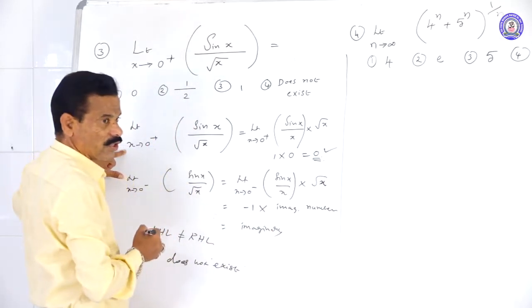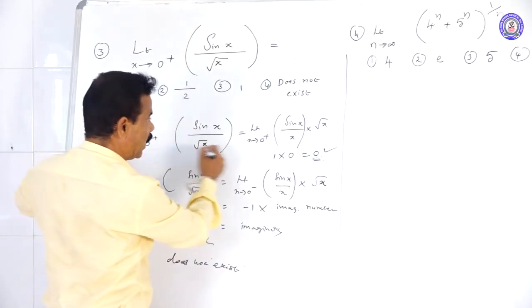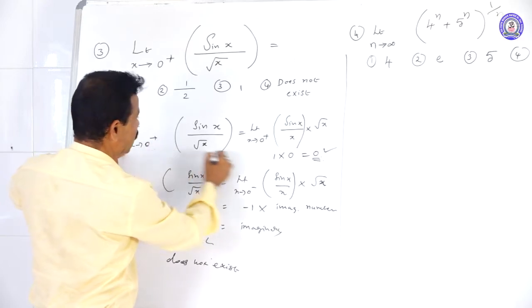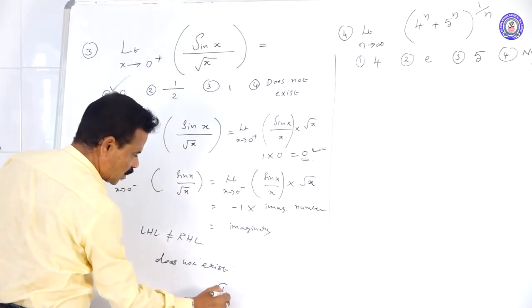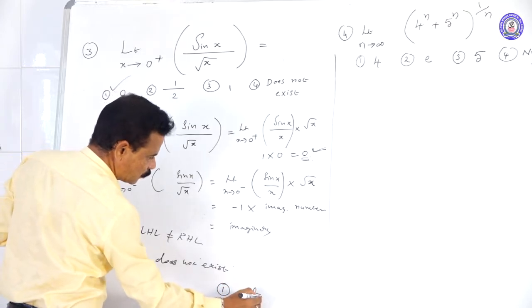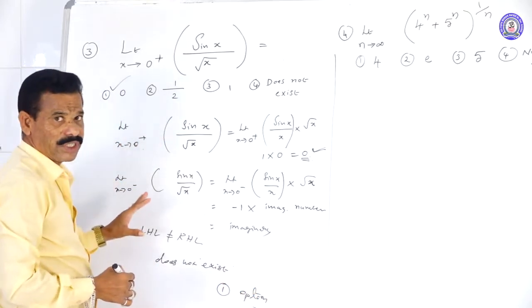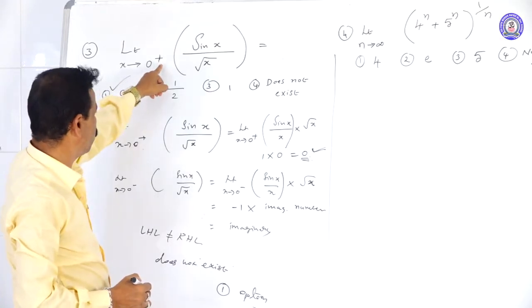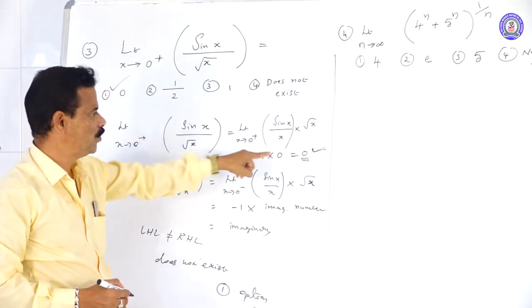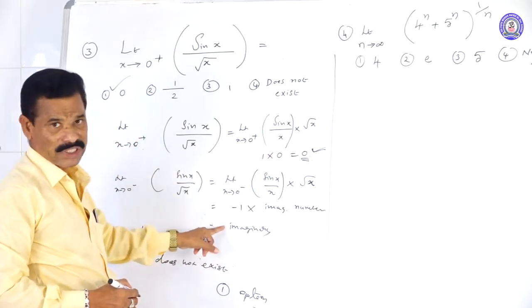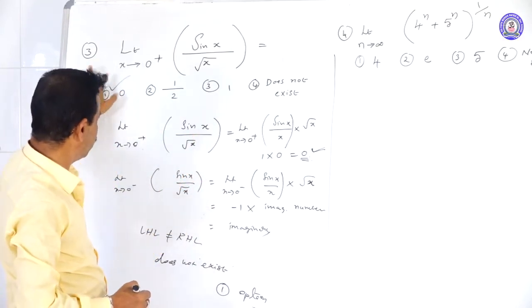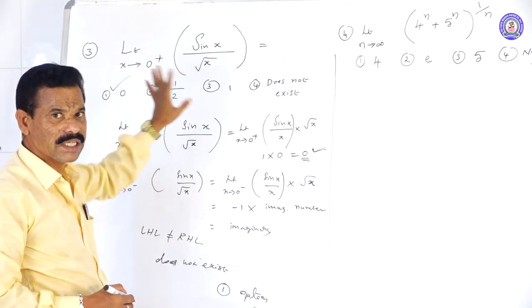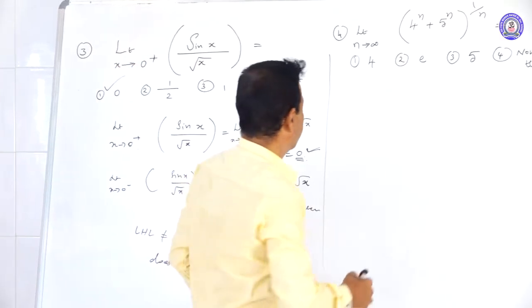The other is not the answer. The option is the first option. No confusion here, only 0 plus is asked. That's why it is positive into 0, which is 0. With the imaginary number, the two-sided limit does not exist, but in the 0 plus case it exists, and the value is 0.